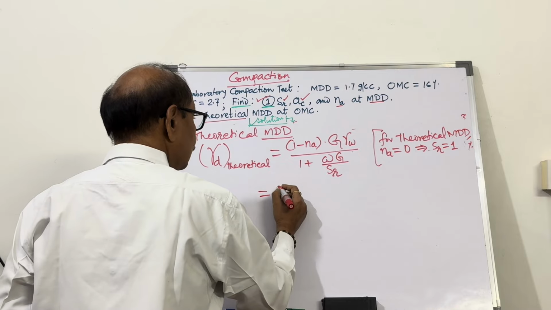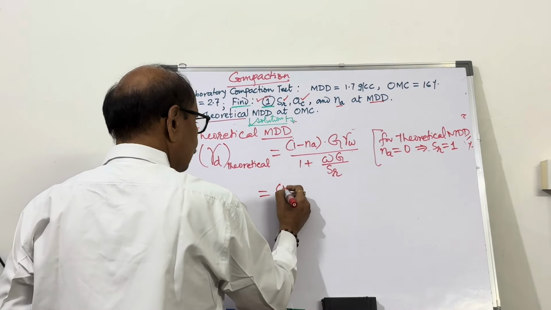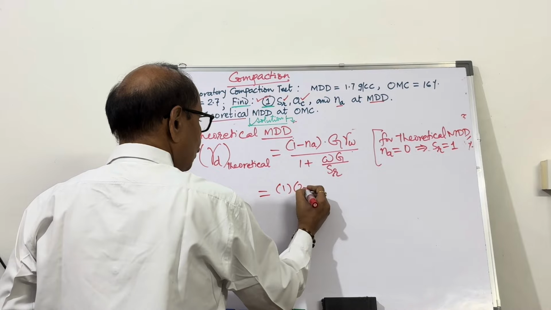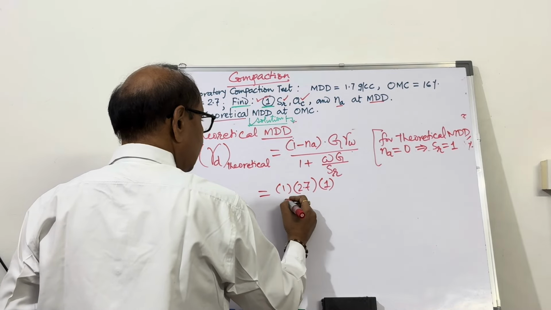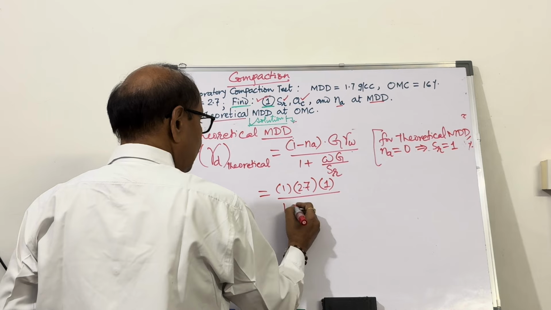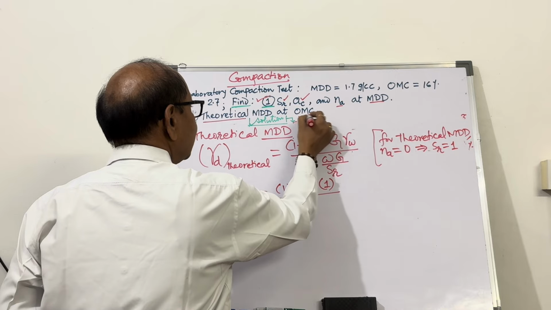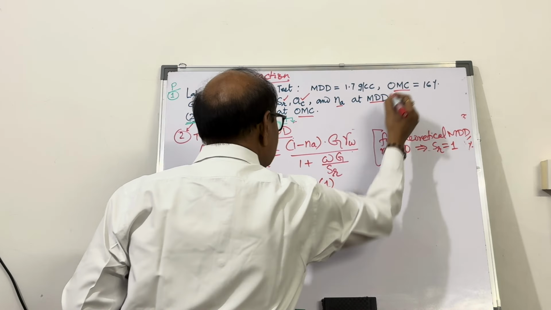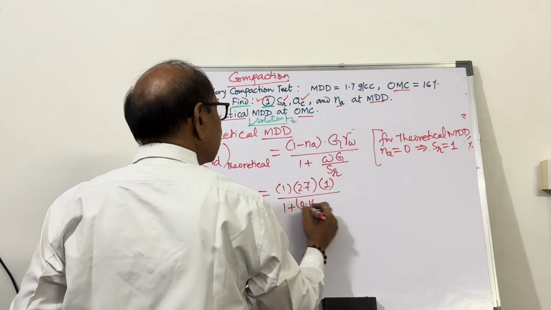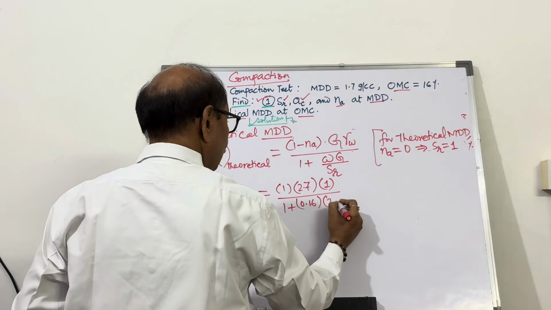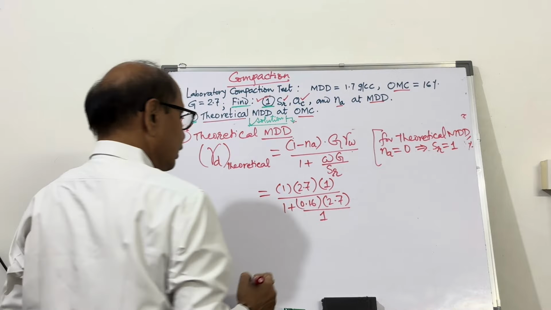So it becomes 1 minus 0, this becomes 1, 2.7, gamma w 1, upon 1 plus, now at OMC, that means OMC is 16%, therefore it will be 0.16 into 2.7, divided by 1.